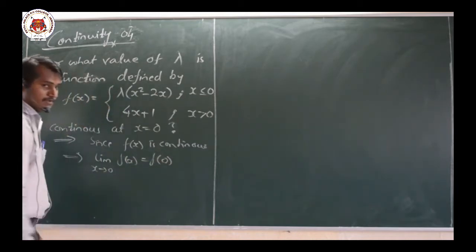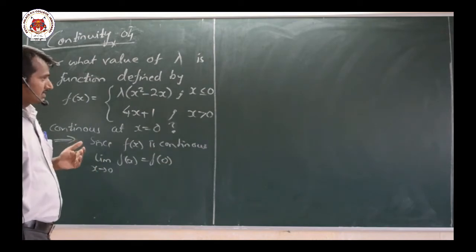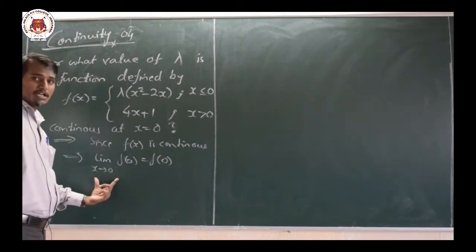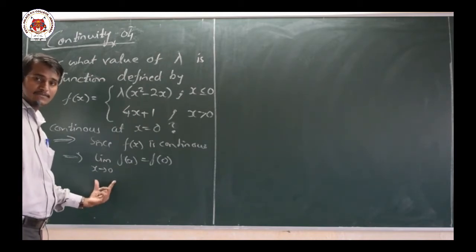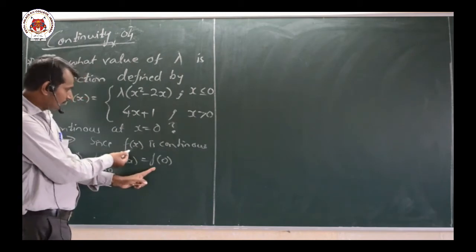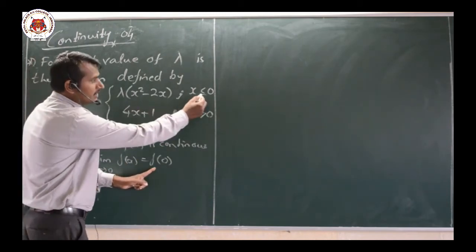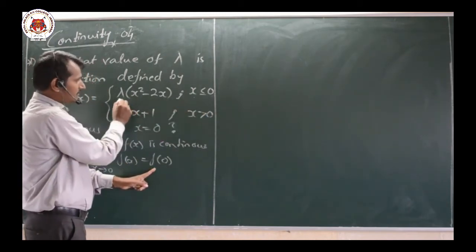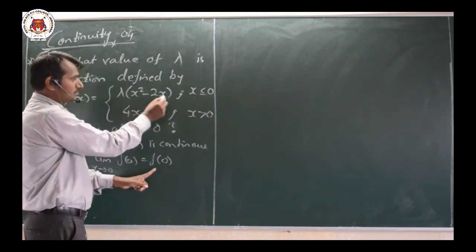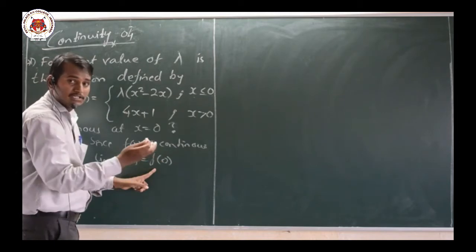Here we can examine by making use of left hand limit equal to right hand limit. Here f of 0: f of x is lambda into x square minus 2x; if I substitute x equal to 0, the whole value will be 0 itself.